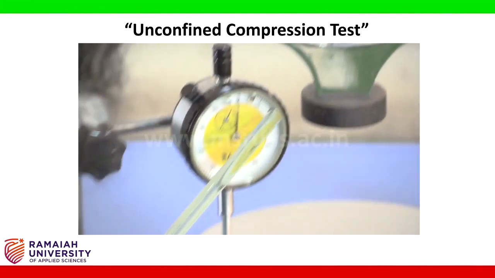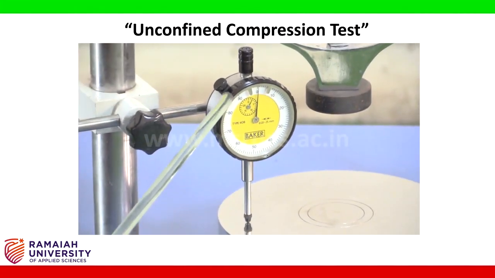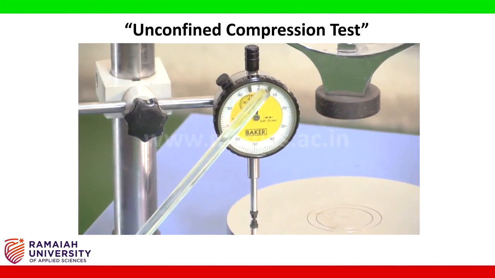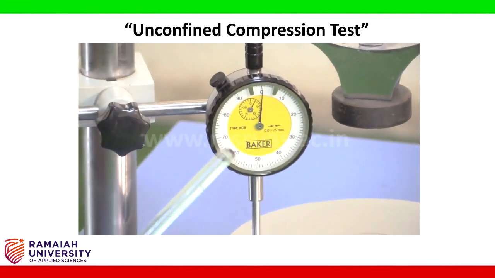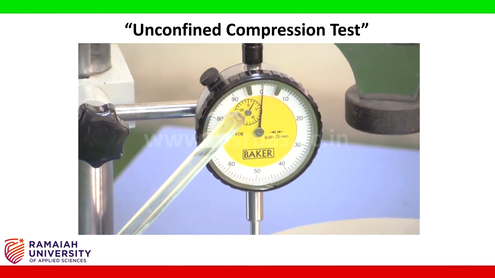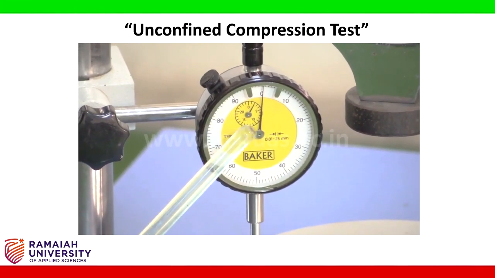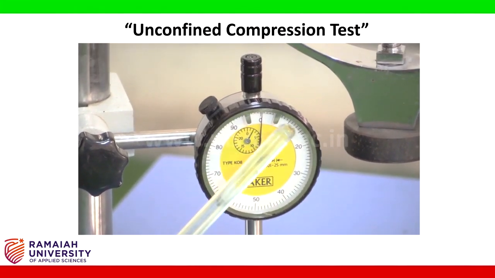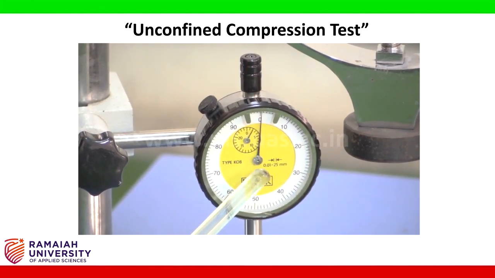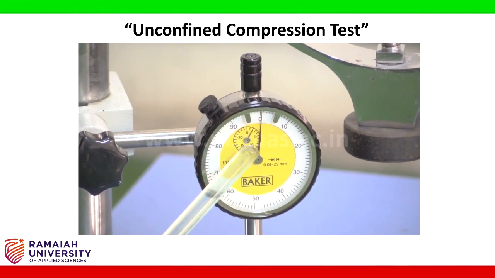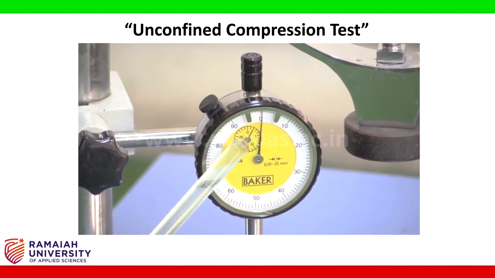This dial gauge is used for measuring the deformation of the soil sample. This dial gauge also has a main dial as well as a small dial. The small dial is giving you the number of full rotations. The maximum capacity of this dial gauge is 25 mm, which can be seen from this small gauge.